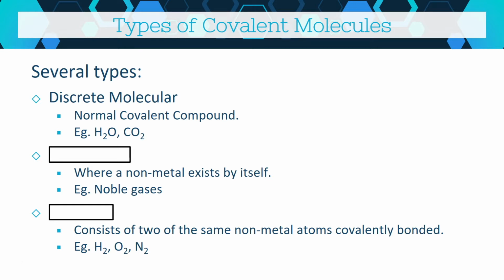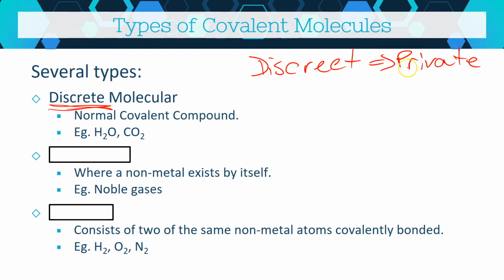For those who don't know, this discrete here doesn't mean private or subtle or anything like that. There's actually 2 different ways of spelling discrete. You've got discreet, and this is the one that means private or subtle.